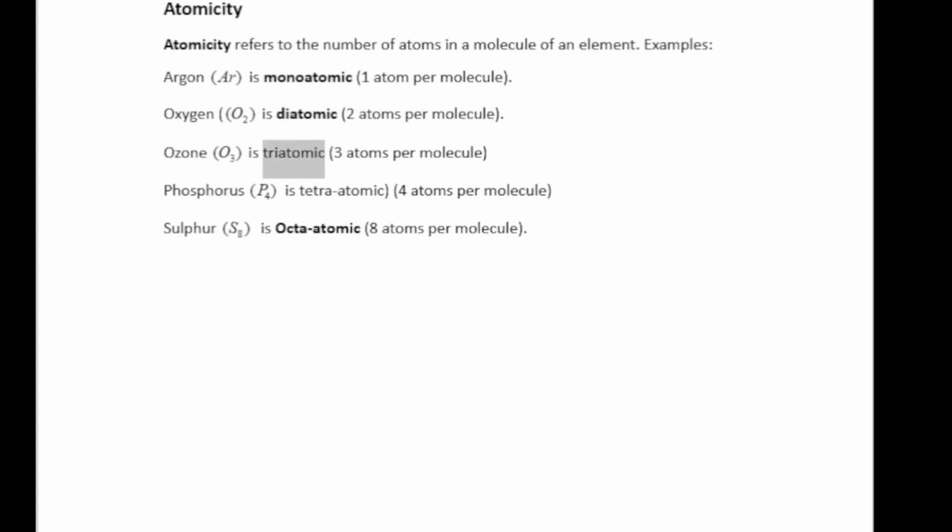Ozone is triatomic, 3 atoms per molecule. Phosphorus is tetraatomic, 4 atoms per molecule. Sulfur is octatomic, 8 atoms per molecule.